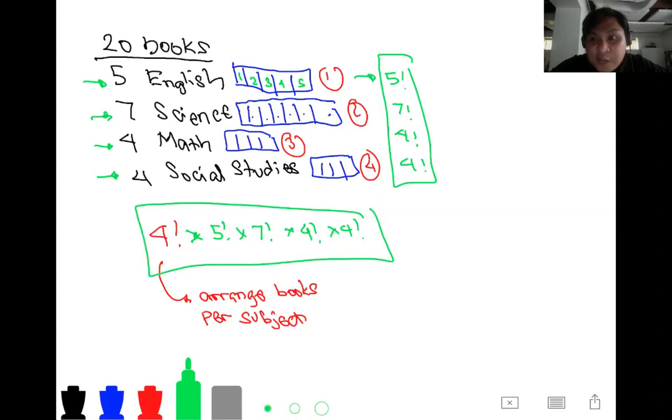So that's 4 factorial, then times 2 factorial, 2 factorial, 2 factorial, 2 factorial. So that is actually much fewer, right? Yeah, it's still a lot, but it's much fewer than what we have over here.